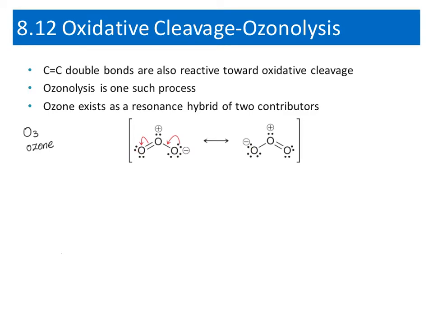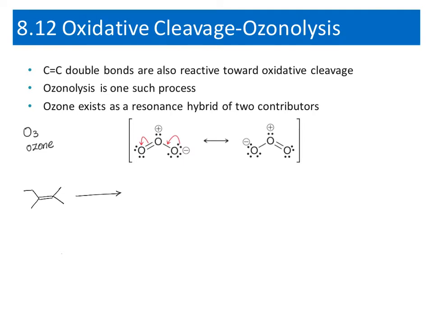Now we are first going to look at the ozonolysis process in alkenes. In this process, we are going to use the ozone molecule in the first step. So imagine that we have this alkene.